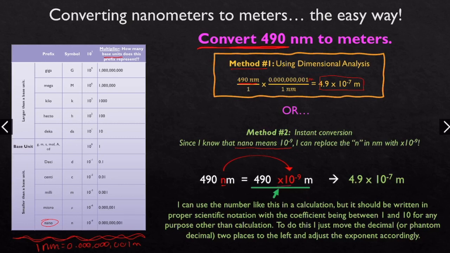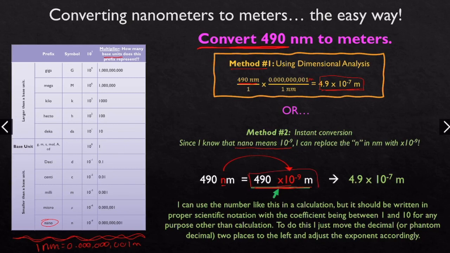This will give me the same answer. It looks different, but the only reason it looks different is because it's not really written in proper scientific notation. You could use this number just like this in your calculation. It's not going to make any difference to your final answer. So normally when I do it, I just replace that real quick, use this number right here in my calculation, and that's it.